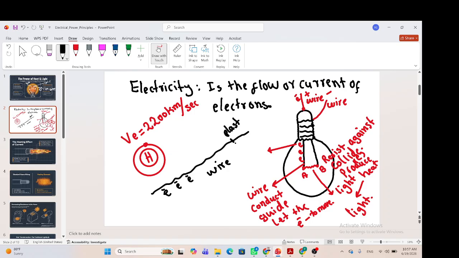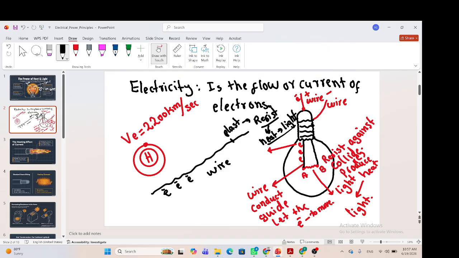Does the plastic let the electricity move or not? Plastic doesn't have the ability to let the electricity move, so it resists the movement of electricity. This resistance produces heat, and this heat changes to light. Whatever we see inside the lamp is produced by the heat.